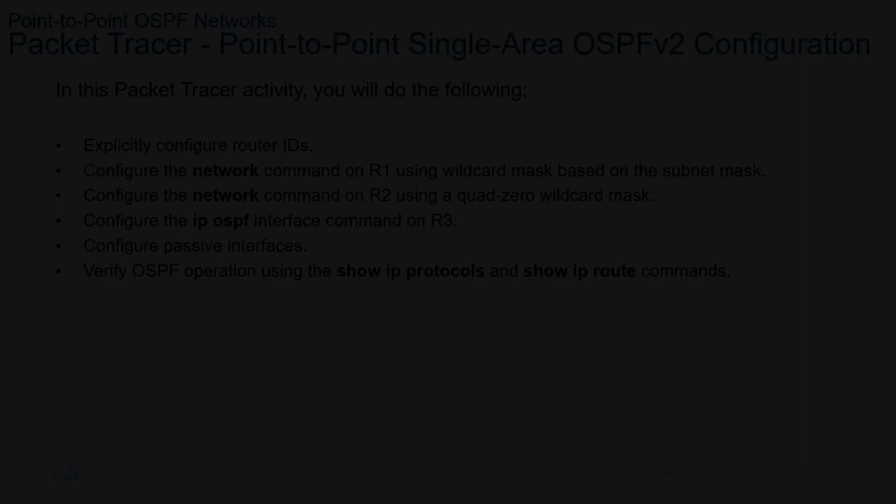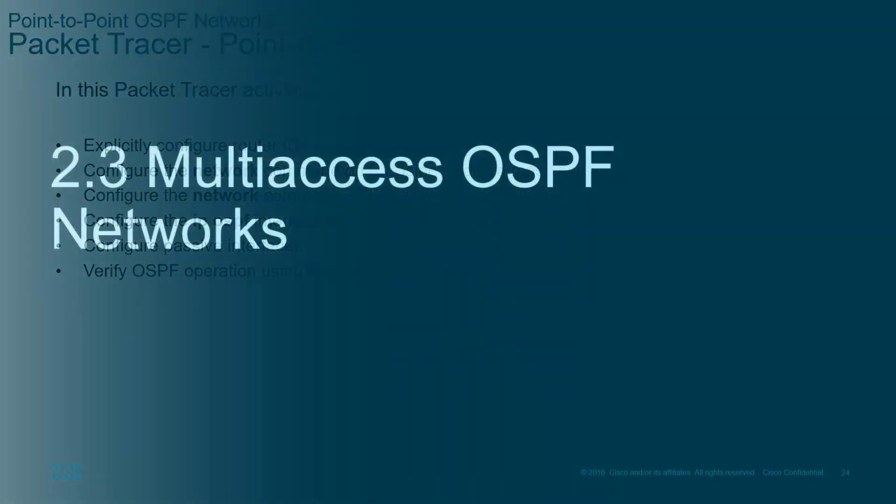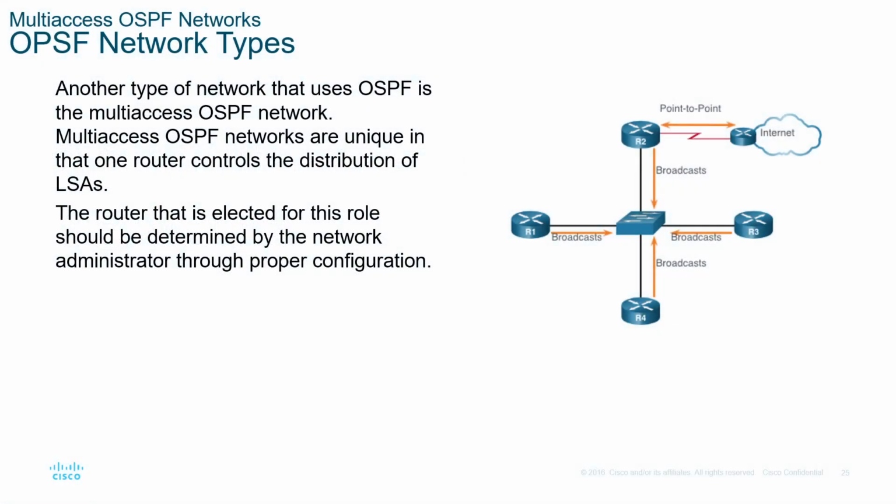So let's keep going, because I still have to finish this. Multi-access OSPF networks. We already discussed this. This is a broadcast network type. That basically means every single one of these routers can communicate with each other, and because of that, they will establish neighborships with each other. But we don't want all of them to establish neighborships with each other, because we're going to have too many adjacencies.